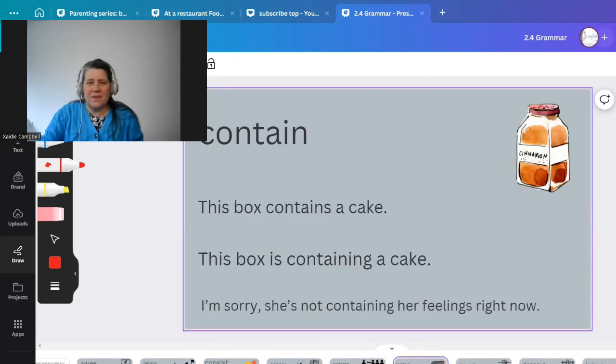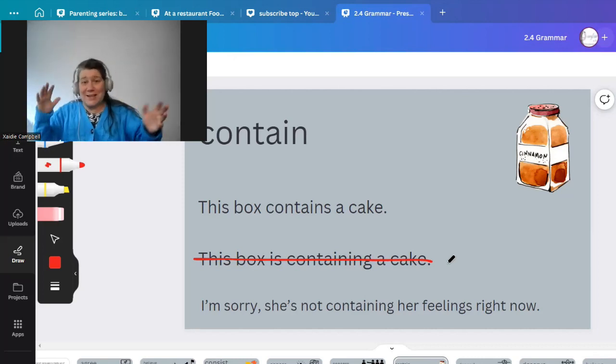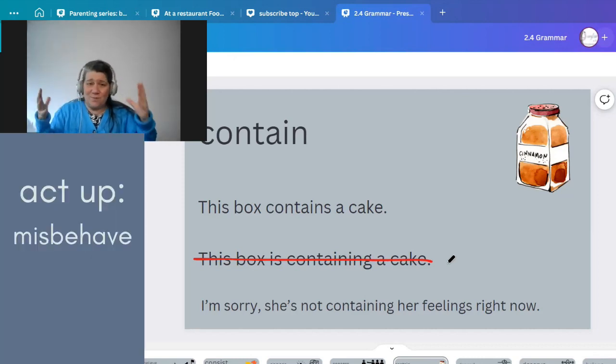All right. Contain. This box contains a cake. This box is containing a cake. We would never say. I'm sorry, she's not containing her feelings right now. We would say, so contain yourself. We say contain yourself when someone is being all crazy, awesome, or acting up.